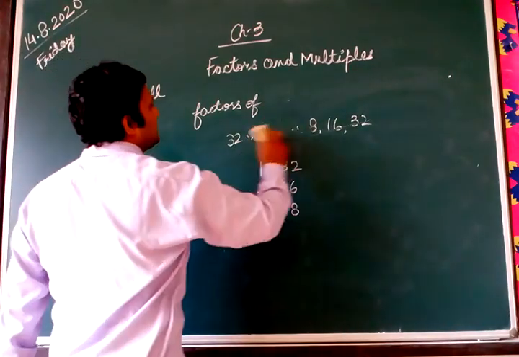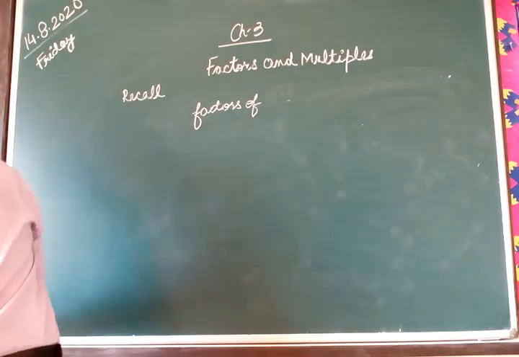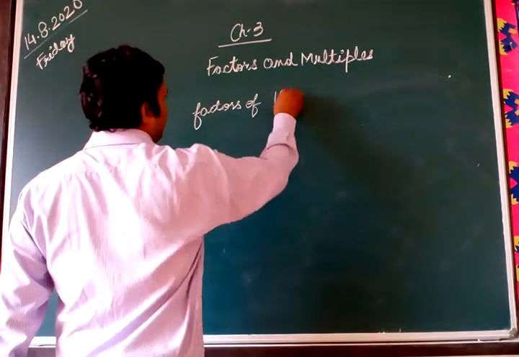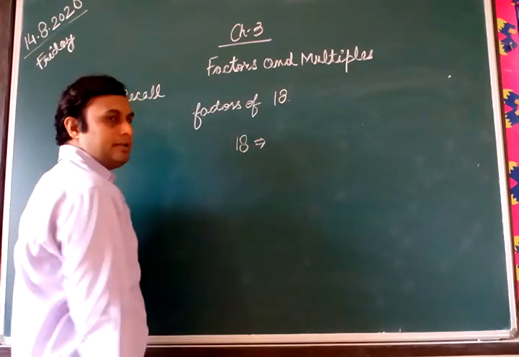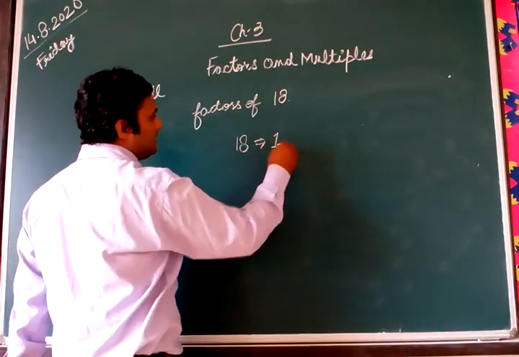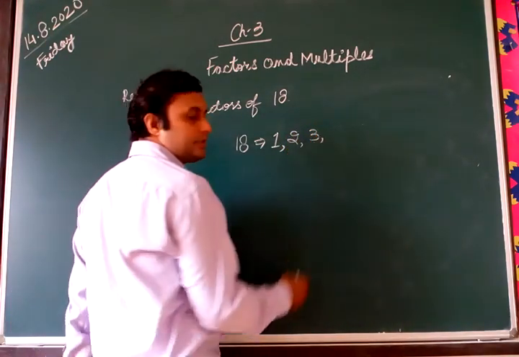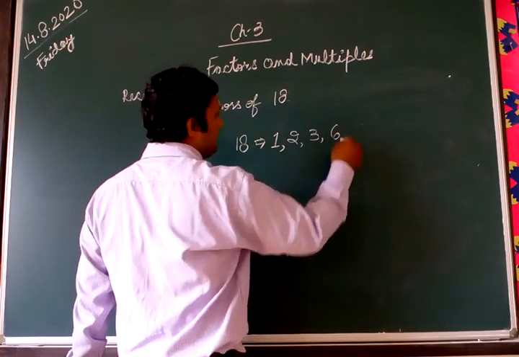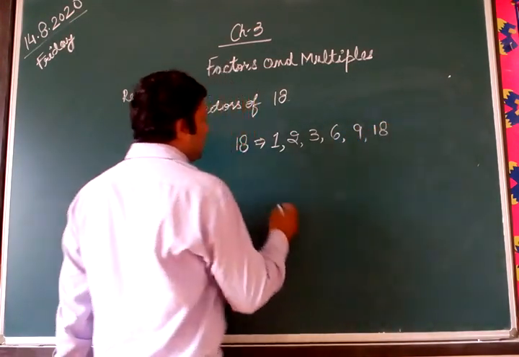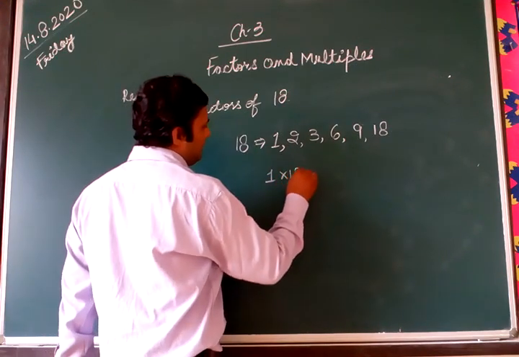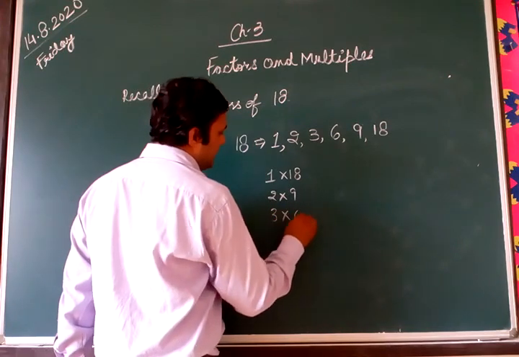Let's take another example. What are the factors of 18? 1 is a factor, 2 is a factor, 3, 6, and 9 are factors, and 18 itself. You can write it as 1 multiplied by 18, 2 multiplied by 9, 3 multiplied by 6.